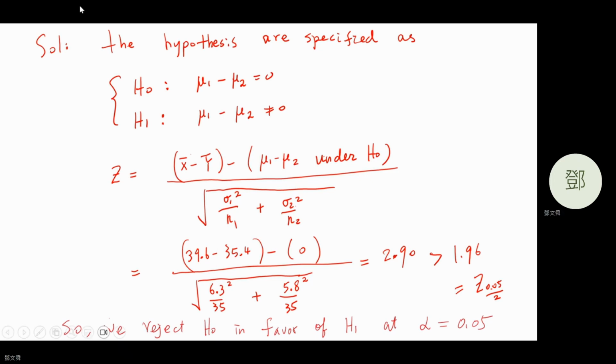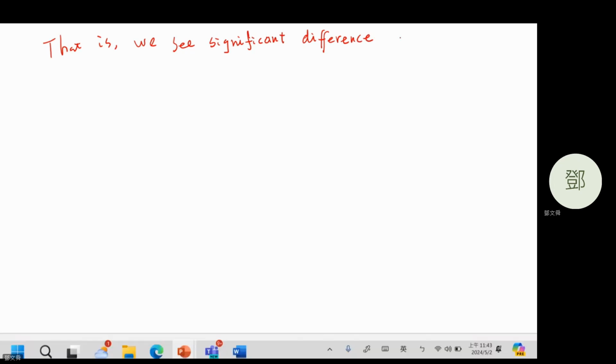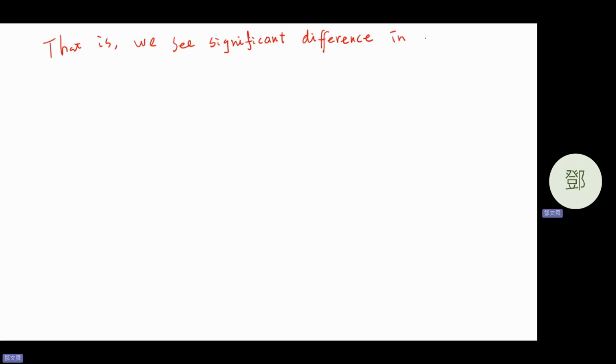That is, we see significant difference in the mean leisure time of two groups.